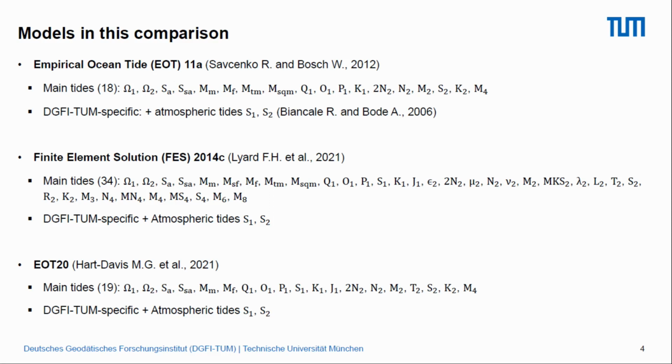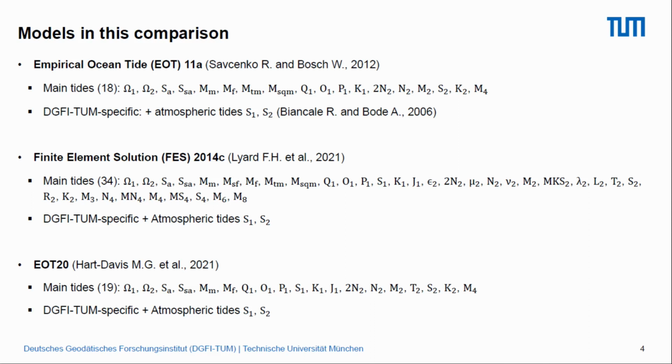In my comparison, I used three models. These are the Empirical Ocean Tide Model EOT11A, the Finite Element Solution FES2014C, and the EOT20 model recently published by our institute. This slide should give you an impression of how different the models are.